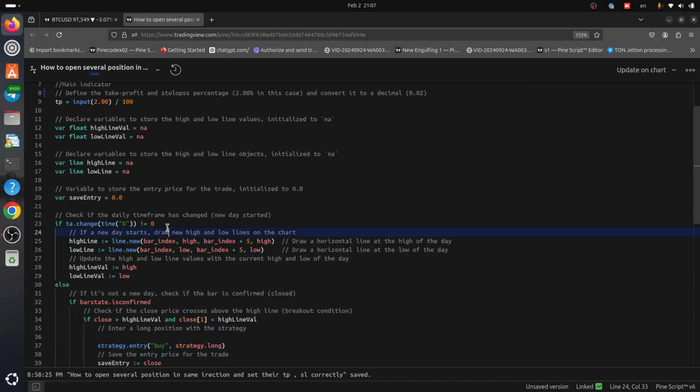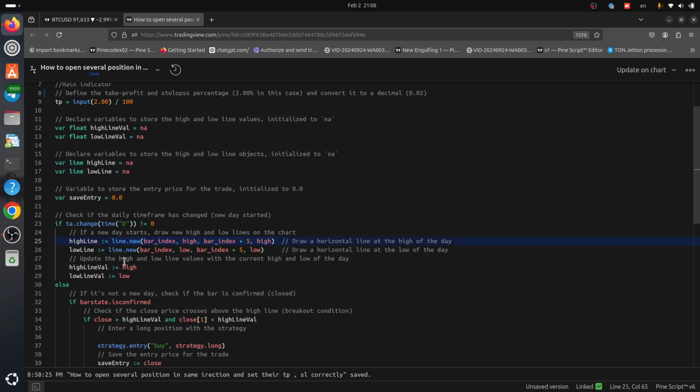So we say if the change of the daily time frame is not equal to 0, it means a new day starts. If a new day starts, draw a new high and low line on the chart.